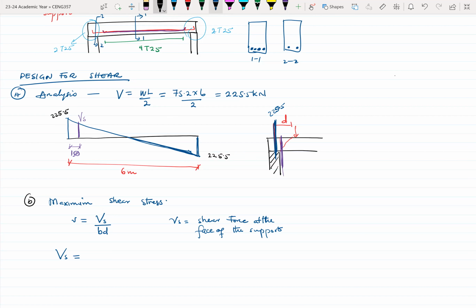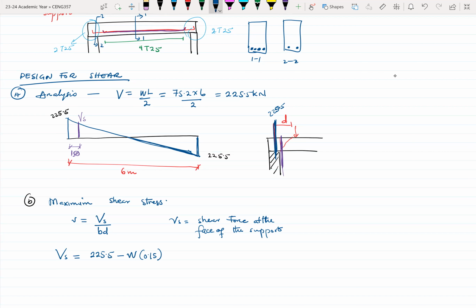So using the shear force calculations, Vs will be equal to 225.5, which is the shear force at the midpoint of the support, at the far end, minus the ultimate load times the distance, which is 0.15.